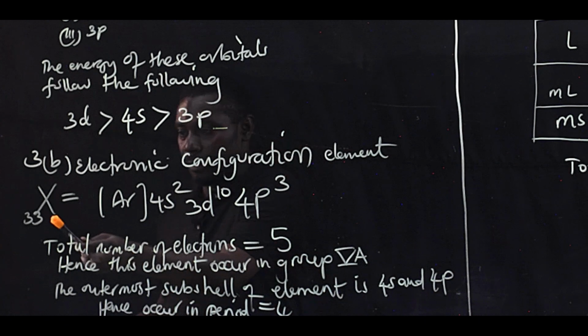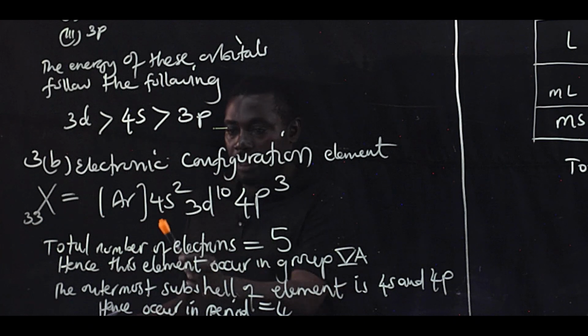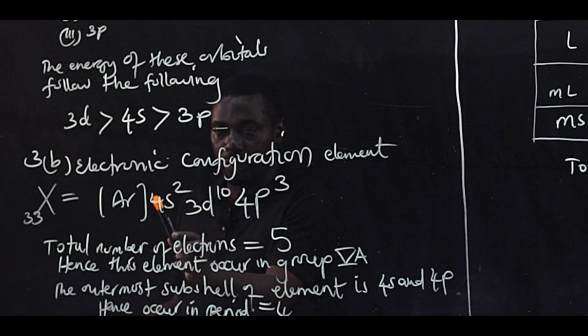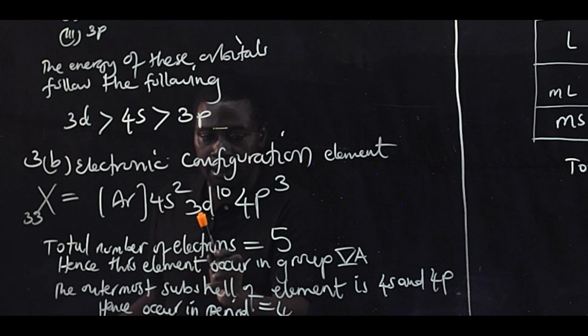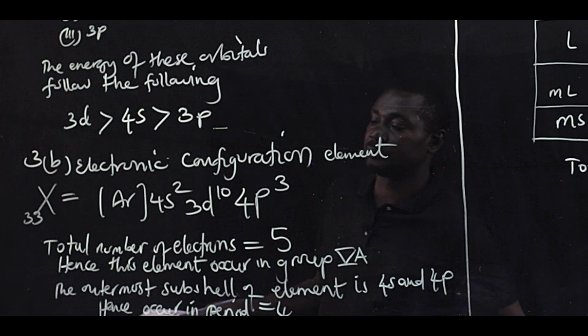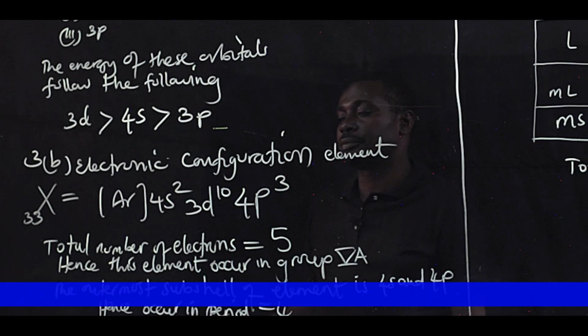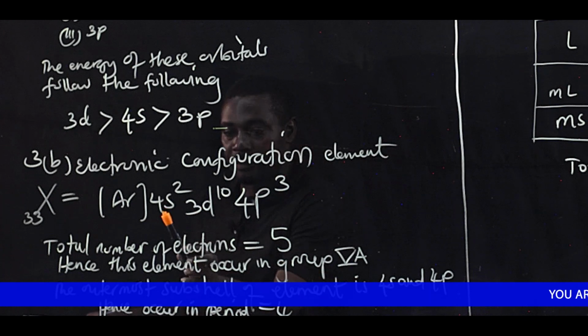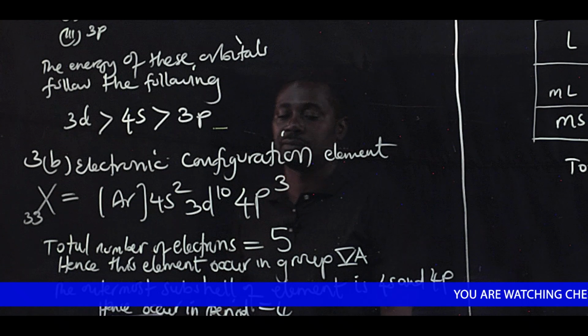For example, this element having atomic number 33, with this electron arrangement, the subshells which occur after the noble gas are 4s, 3d, and 4p. Among these three subshells, let me identify which one is outermost.